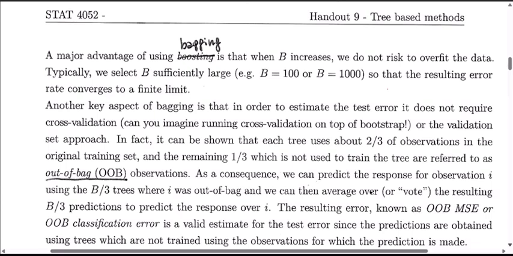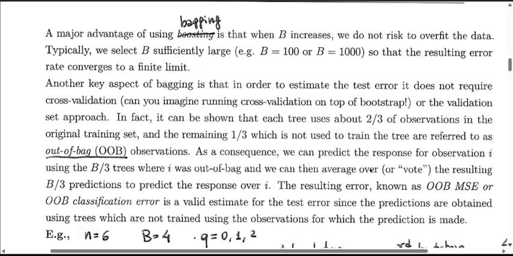The same way here, we are never going to risk overfitting the data when B increases. We normally recommend the number be around 100 or 1000. Does that make sense?